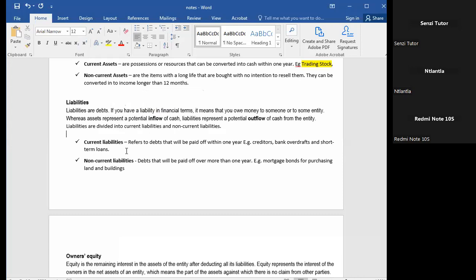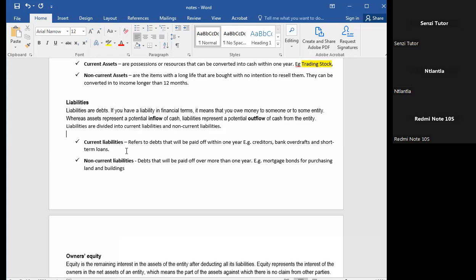If I'm saying inflow of cash, therefore a business is receiving money through assets. And then liabilities represent a potential outflow of cash from the entity. Therefore, liabilities are causing the business to pay more money. So there is an inflow and also an outflow, right?